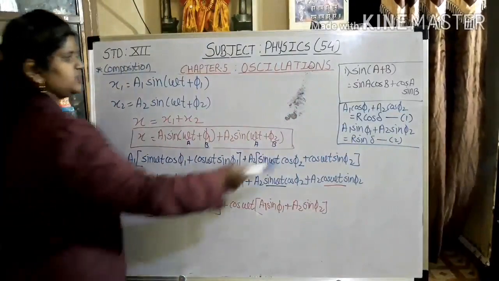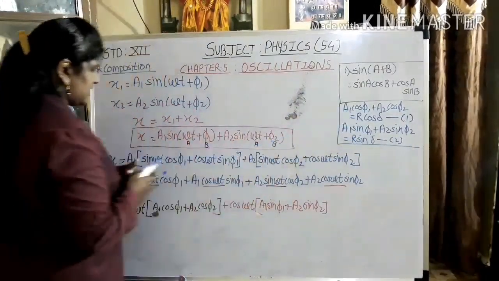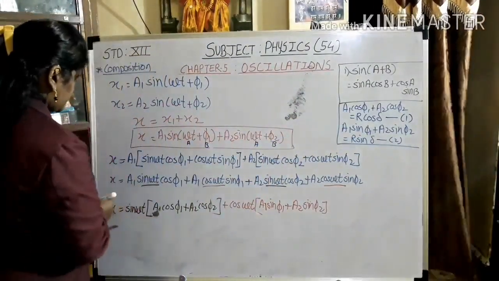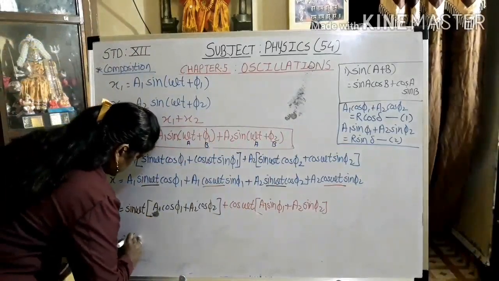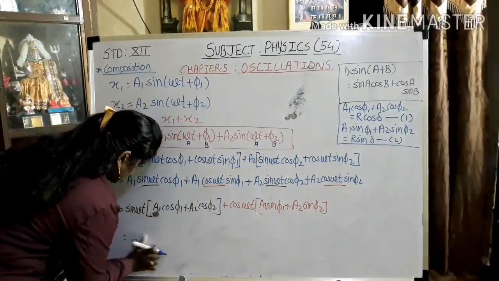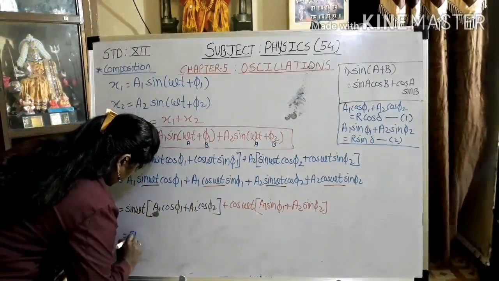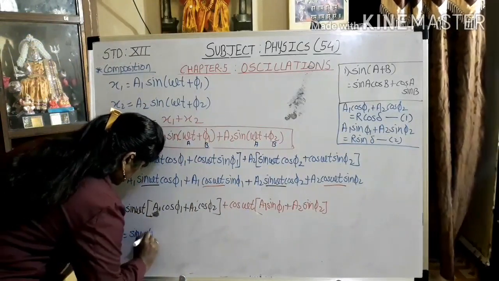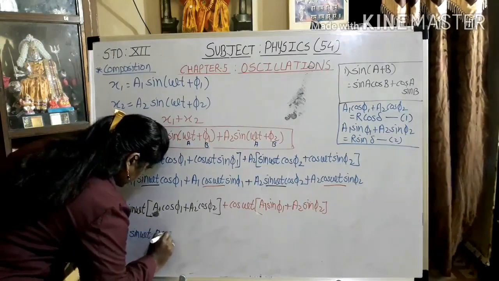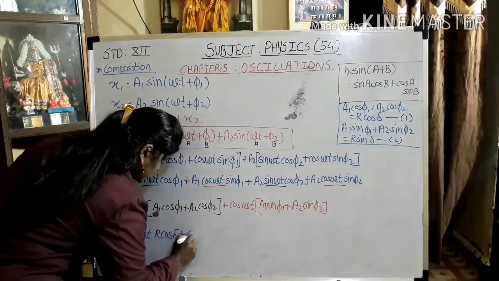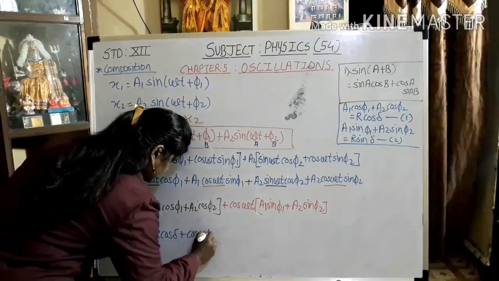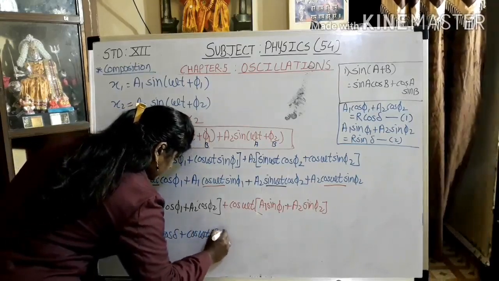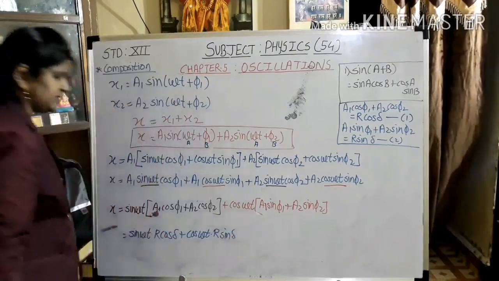So I am going to substitute r cos delta and r sin delta over here. So what will I get? I will get sin omega t into r cos delta plus cos omega t into r sin delta.